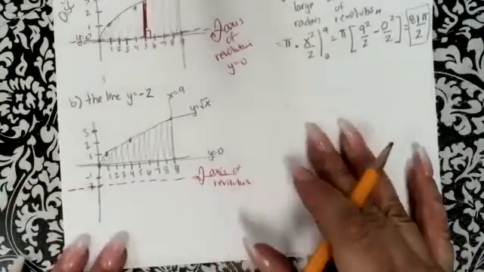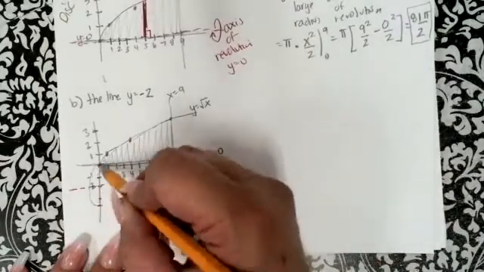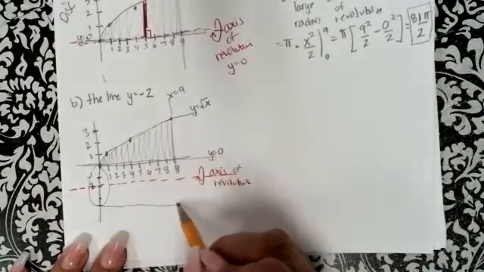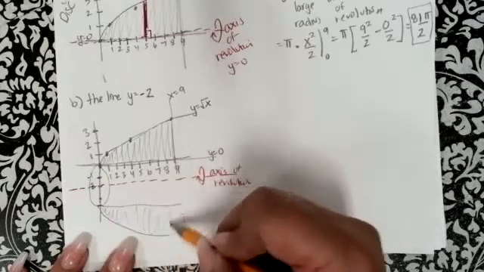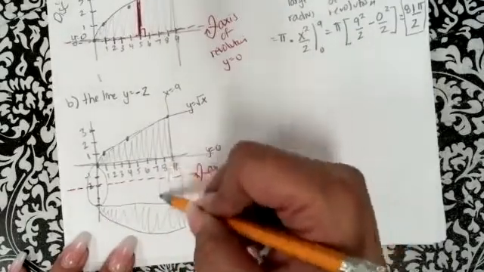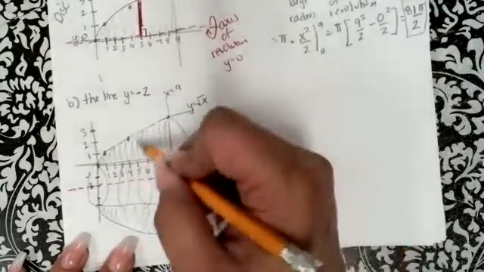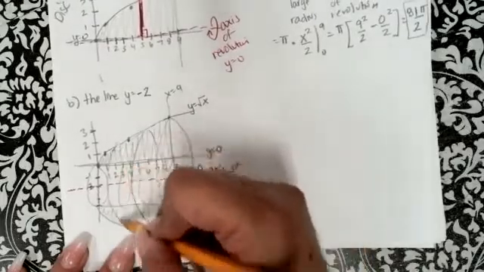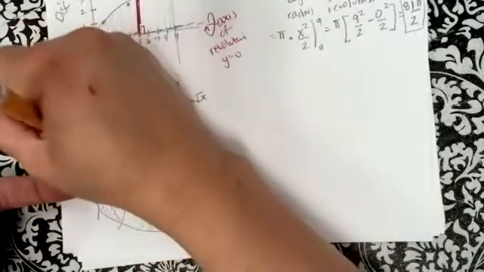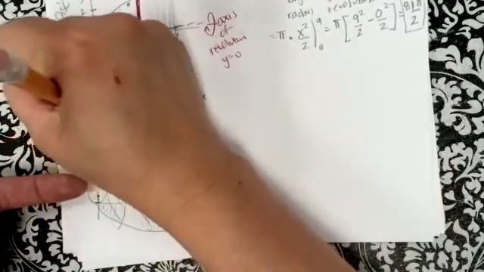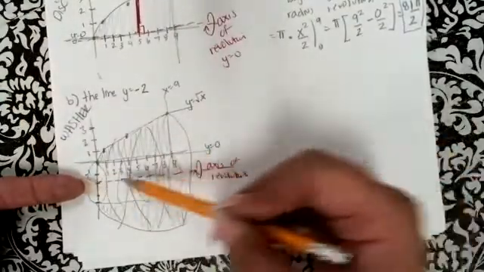So now here, what's going to end up happening is this solid, it's going to go around. And now here you have, this is going to be known as a washer, because I have a hole in between.